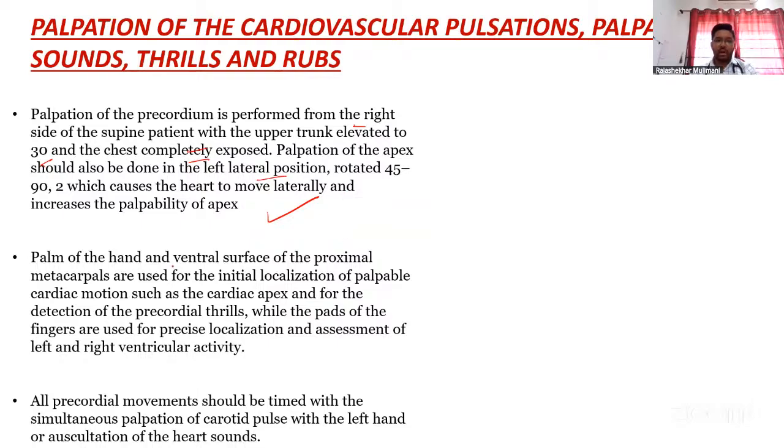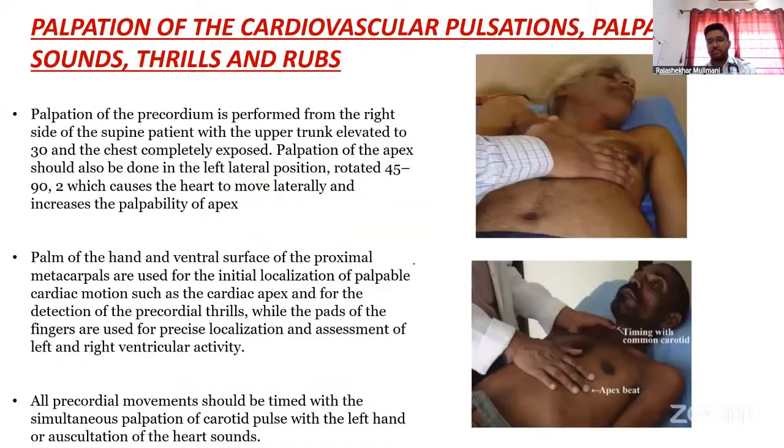You should use the palm of the hand and the ventral surface of the proximal metacarpals for the initial localization to palpate any cardiac motion, while the pads of the fingers are used for precise localization and assessment of the ventricular activity. And all precordial activity should simultaneously be palpated with the carotid pulsations. This is very, very important.